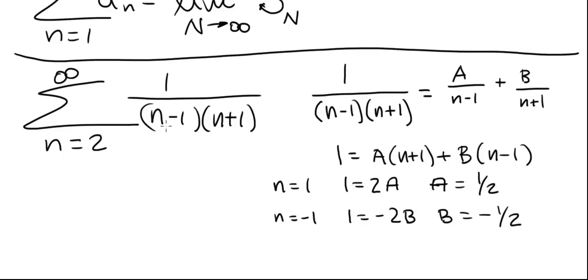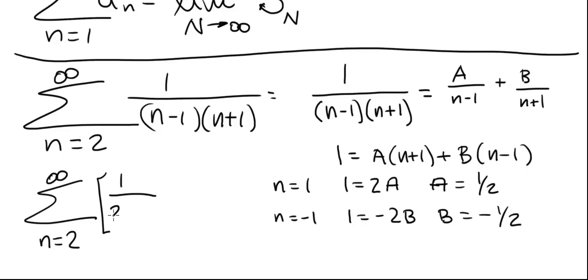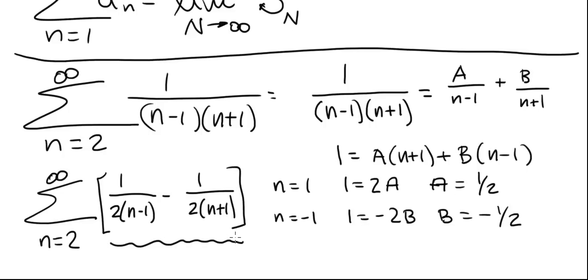So this series can be expressed as the summation from 2 to infinity of 1/2 times 1 over n minus 1, minus 1 divided by 2 times n plus 1. And it is in this form that we can find a formula for S_N.